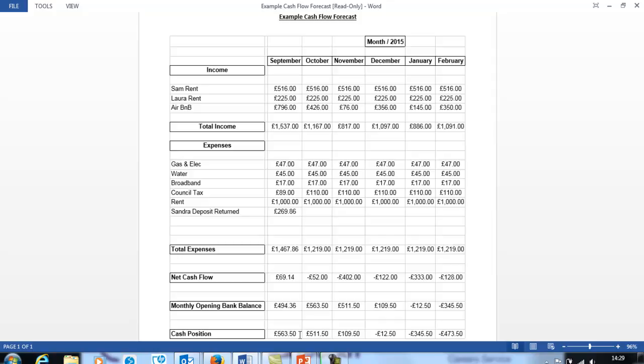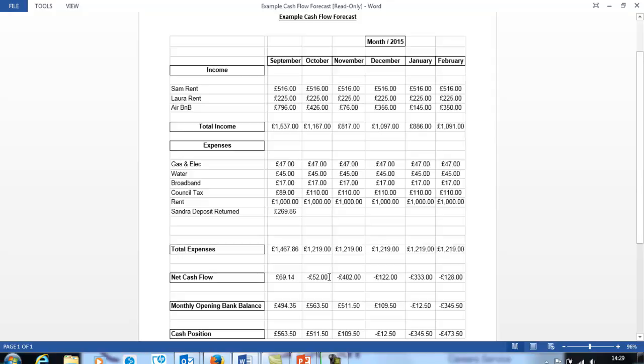So cash position, it's the amount of money we had in our bank account at the start of the month, and then whatever this is. If this is a surplus, you add them together and you get that much. And then you can see it's just all repeated again month after month. But you see how this all links together.